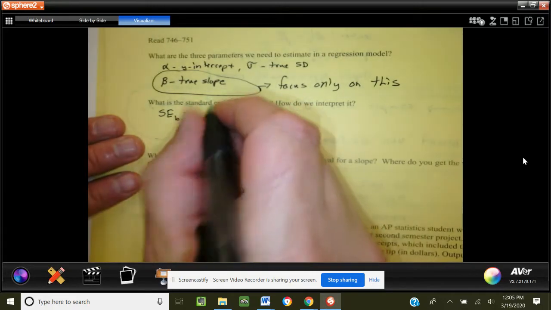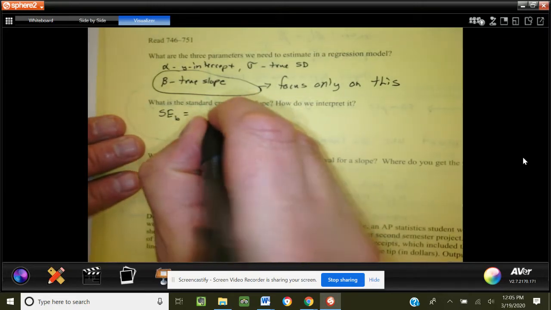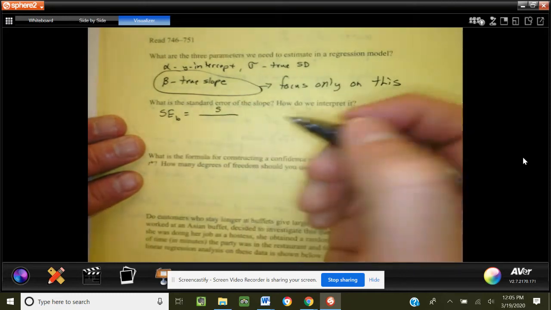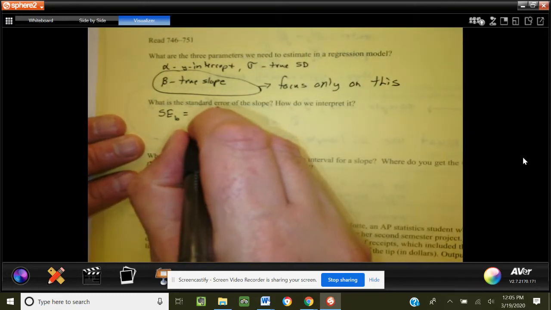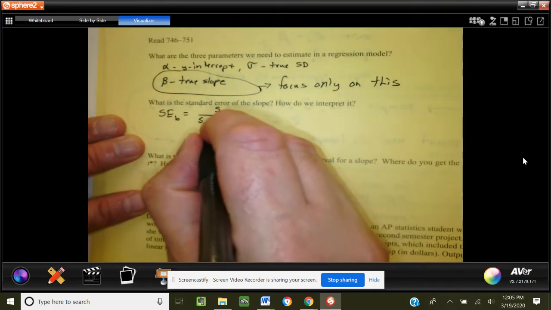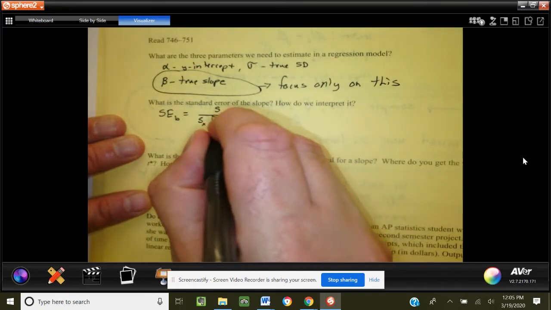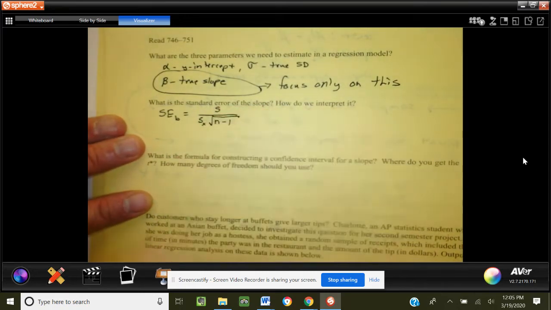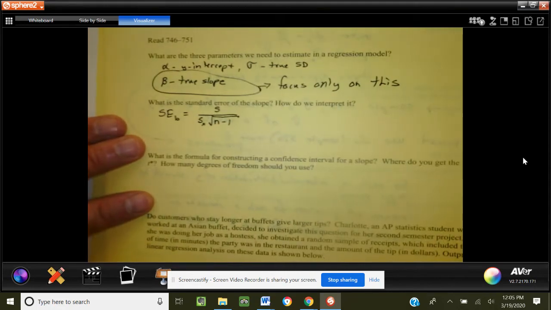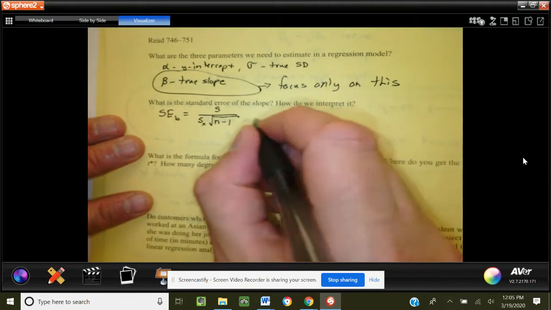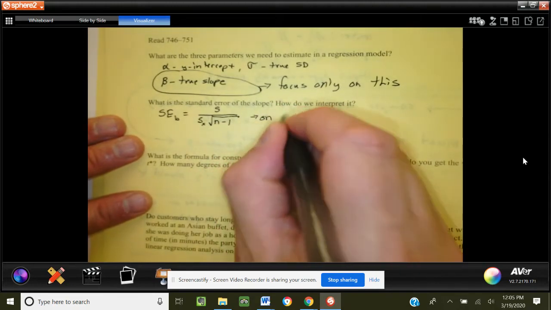So the formula for that is the standard deviation of the residuals, s, you're familiar with that, divided by the standard deviation of the x values, you're not familiar with that, times the square root of n minus 1. So similar to what we saw earlier, but this would be the standard error. Is it on the formula sheet? Yes, it's on the formula sheet.